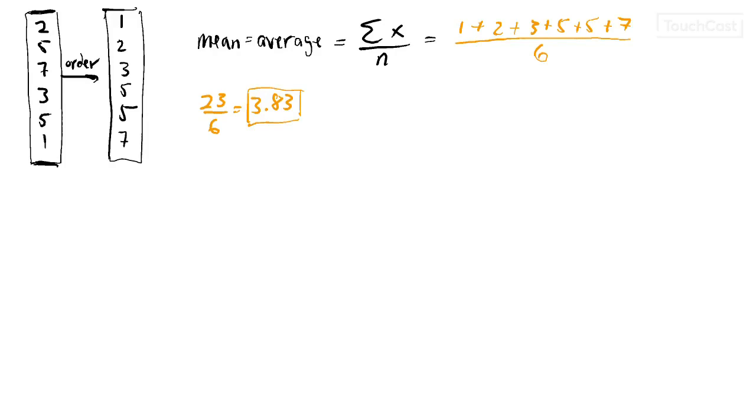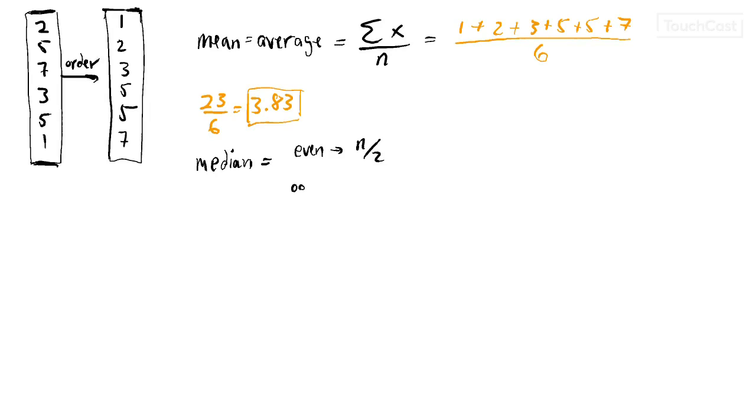So the median is just that center location. So where are there an equal number of observations on either side? So if we look at our sample set, we have 6 observations. So if it's even, we simply do n divided by 2.